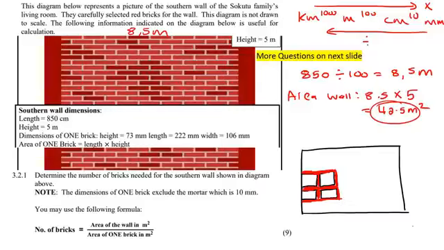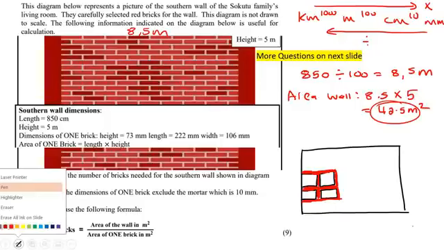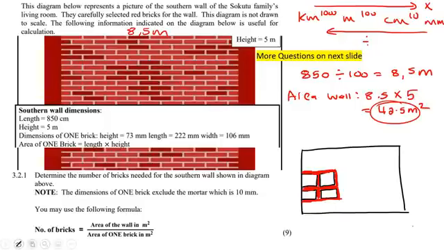So for us to be able to make sure that we get the exact area of all of this, are we trying to see how many bricks we can fit into here? So we cannot ignore the mortar. So how could we include it? Well, what you can do is pretend that this mortar over here belongs to this brick.